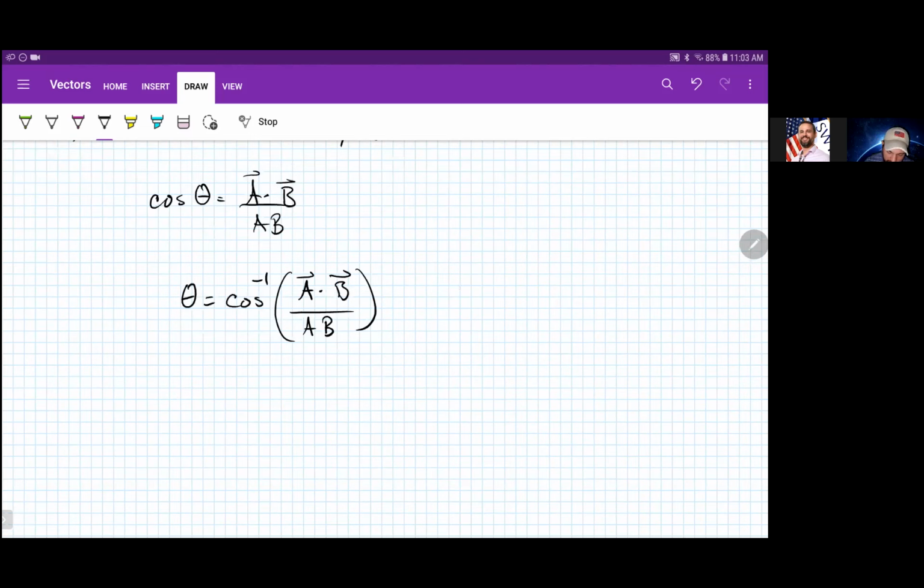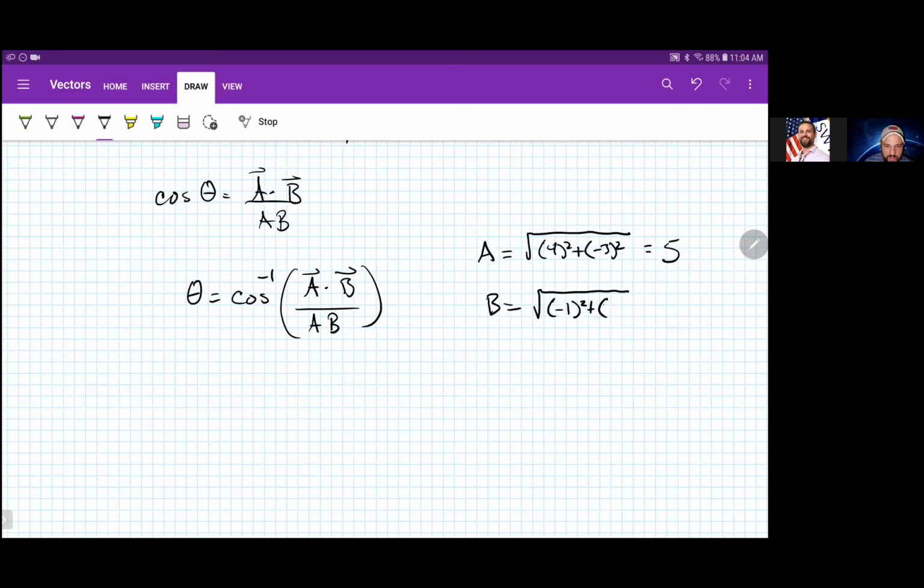I'm going to do that on the side over here. A is going to equal the square root of 4 squared plus -3 squared. That's going to give me 5. And then B is going to equal the square root of -1 squared plus 1 squared. That's going to give me the square root of 2. So I can just plug that in as it is.